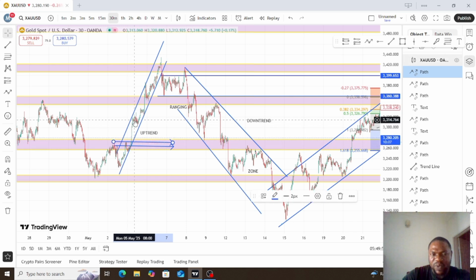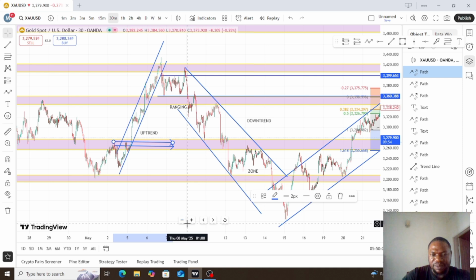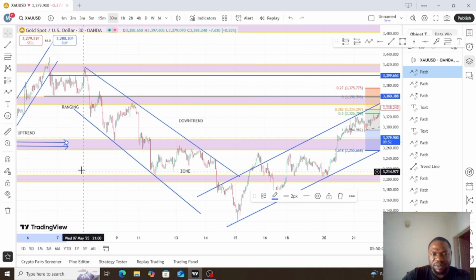As you can see, it went up to this part and gave us another low here. And then what happened? The previous high was broken. It went up again and broke this high. Let me bring it a bit so you see it properly.